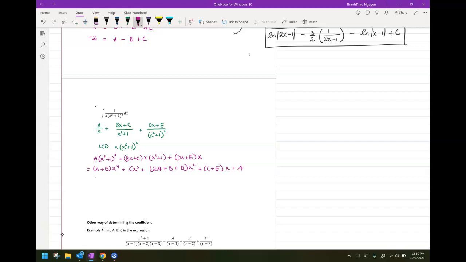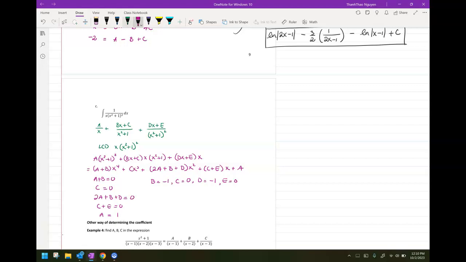So here I can see that a plus b equals 0, c equals 0, 2a plus b plus d equals 0, c plus e equals 0, and a is equal to 1. This means I can conclude that b is equal to negative 1, c equal to 0, d equal to negative 1, and e equal to 0.